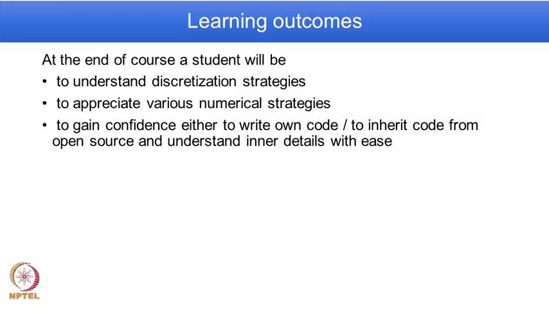One also will get confidence on writing a code, because we are going to see at the end a complete working code, details of the code, etc. That will give you confidence to write your own code, or if a code is inherited from some other person or source, then it also requires equivalent skill to understand that code.